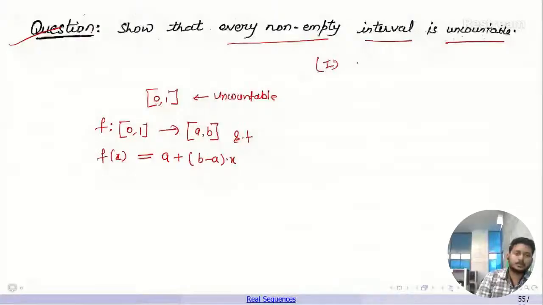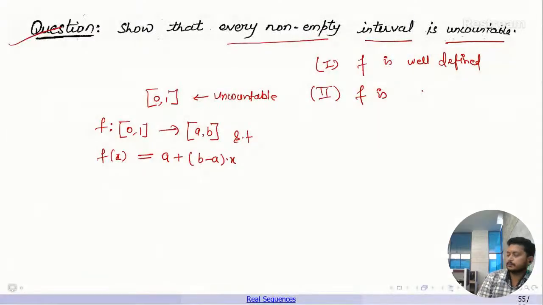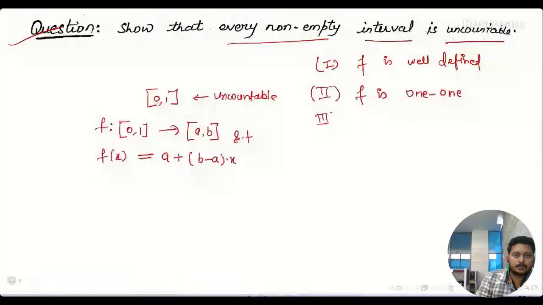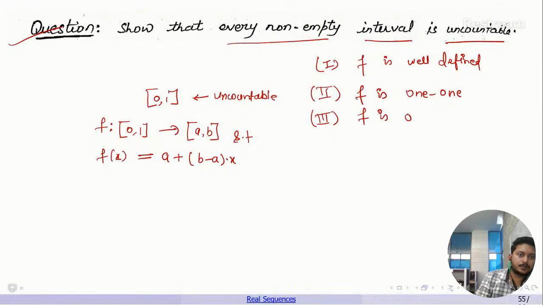Now here you need to check that f is well defined. Second, that f is one-one. And third, you need to check that f is onto. So now my question is how you find this.